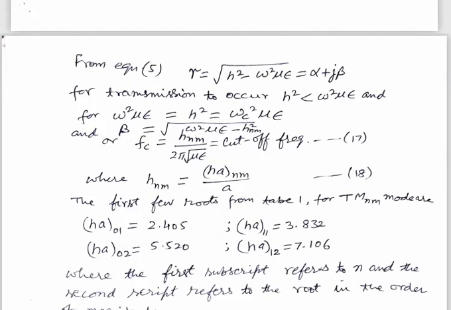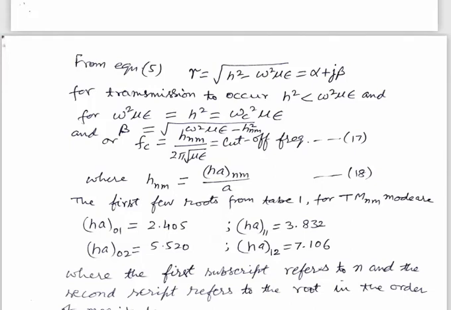So here omega c is the cutoff frequency. So considering this value of cutoff frequency, for the frequencies above cutoff frequency, the expression for gamma will become imaginary, which will give us the value of the phase constant beta given by equation number 17.